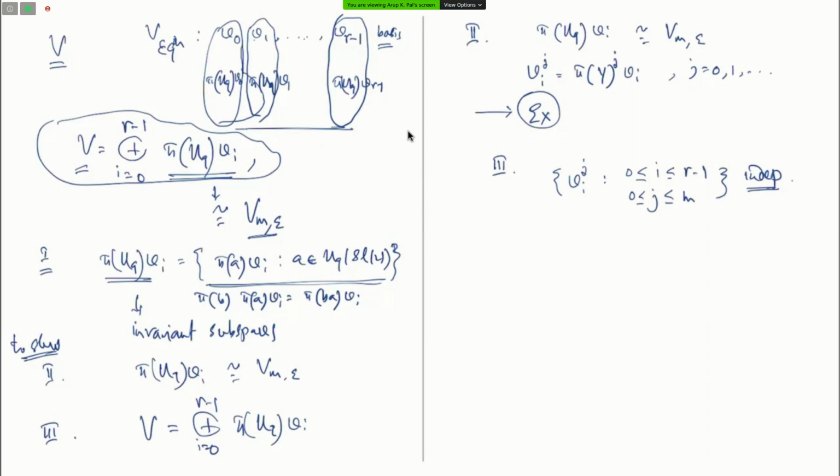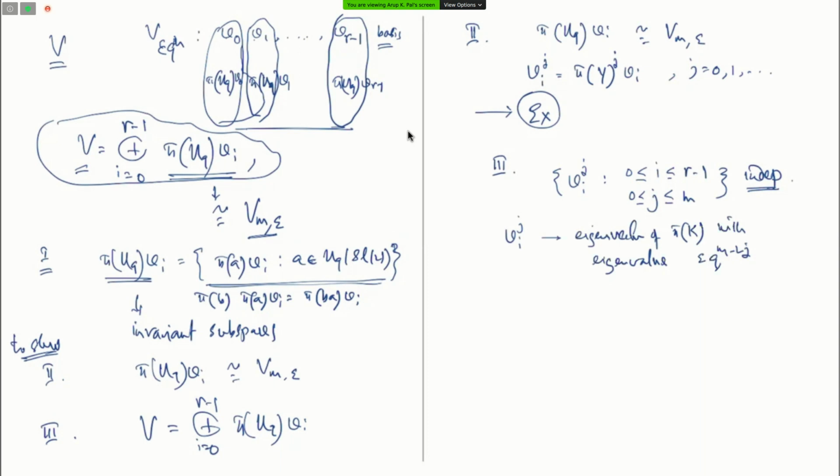Now here what we know is that Vij is an eigenvector of pi k with eigenvalue, q power something, so this is epsilon q^(m minus 2j). Which means the following.